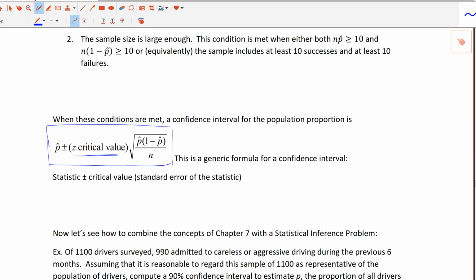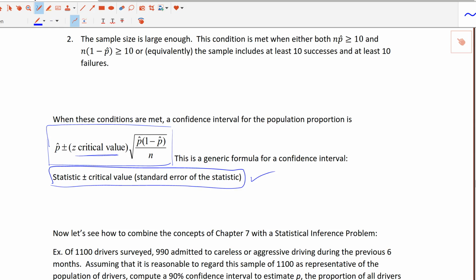And that's our standard error. So really what you're doing is you're taking your statistic, you're adding or subtracting the critical value times the standard error of that statistic. And even when we're not working with just proportions, this generic formula is going to work for any confidence interval we're going to create.